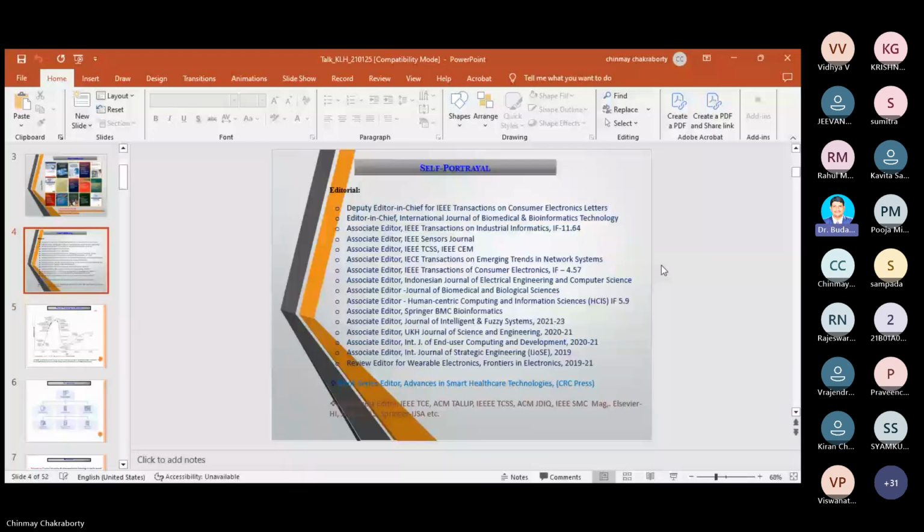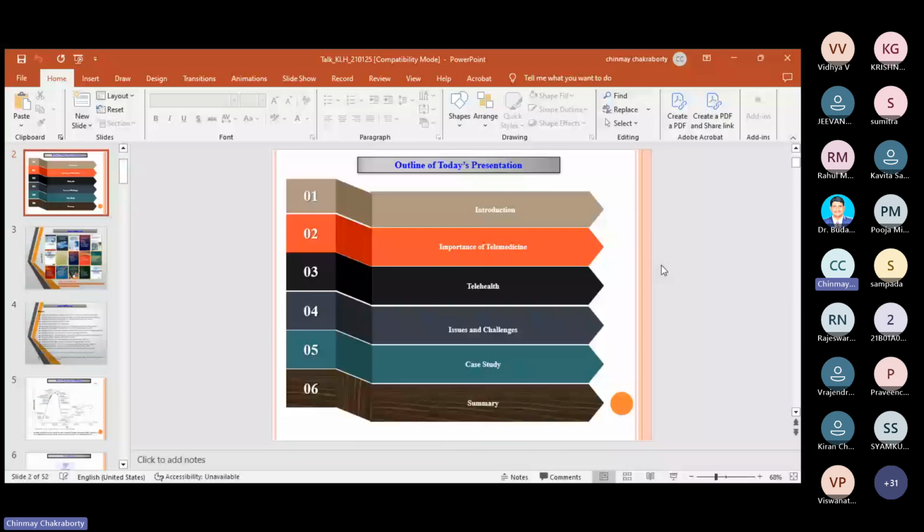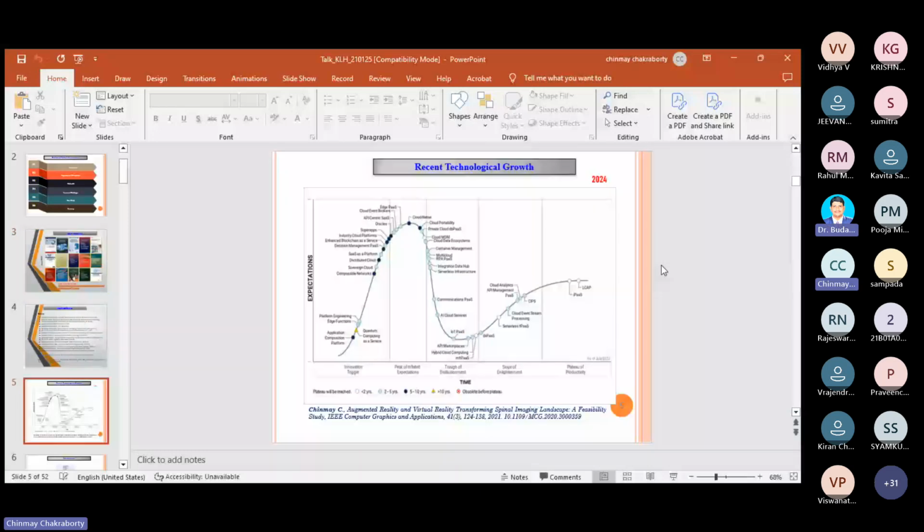You are at the fifth slide now. Which one, the fourth slide? Is it okay? Yeah, now it is moving. Okay, sir, now we are at the fifth. But this is not a full screen actually.